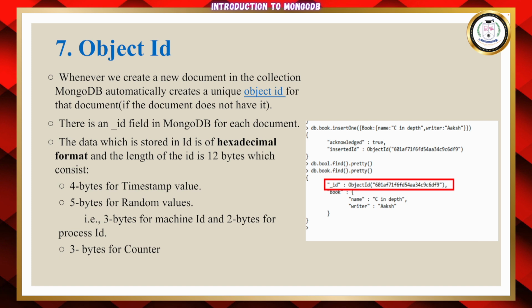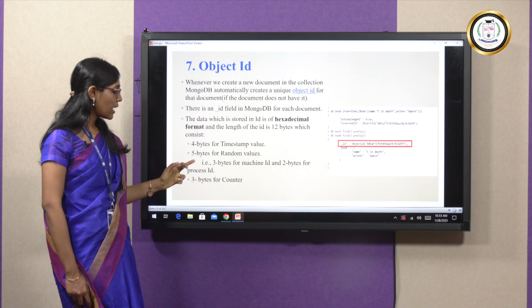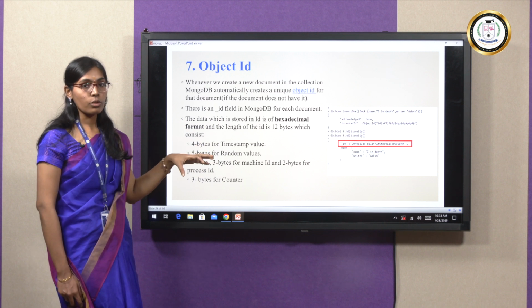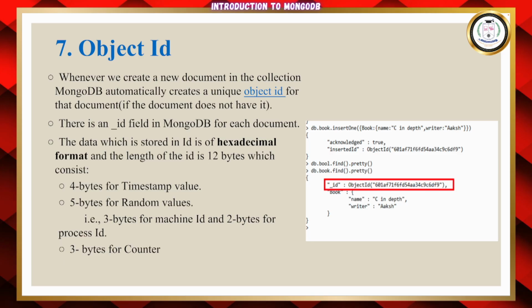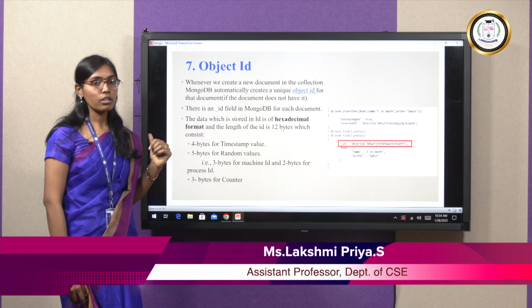Out of these 5, 3 bytes are for the machine ID and 2 bytes are for the process ID. Based on these 5 bytes, a random value will be generated, and the last 3 bytes are for a counter, so the counter value will be stored. All these 12 bytes will be stored as a hexadecimal value for each and every document as a unique identifier. So this is termed an ObjectId. This is also one of the data types in MongoDB.